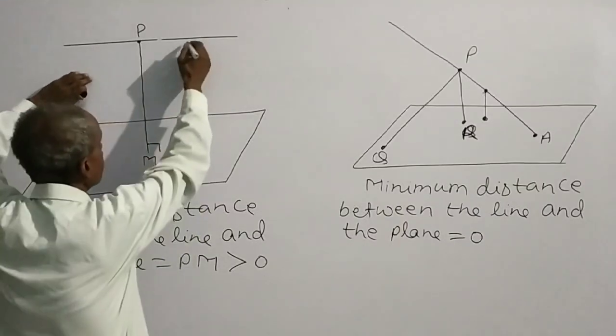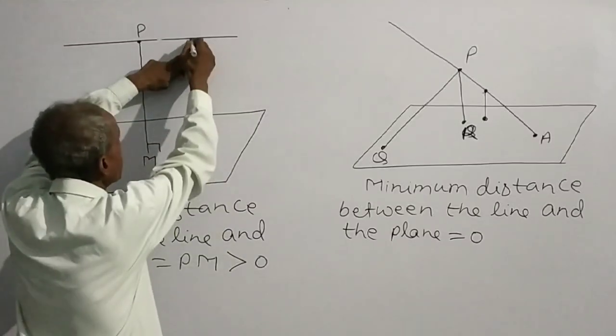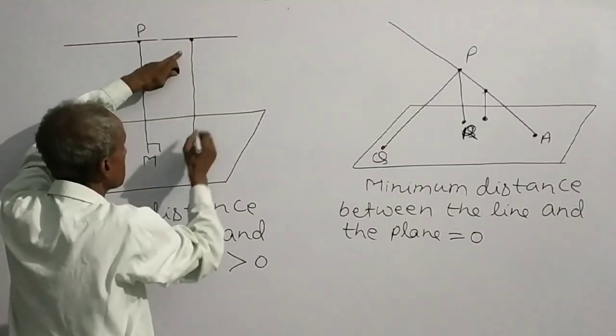This perpendicular distance drawn from any point over this plane will always be equal.